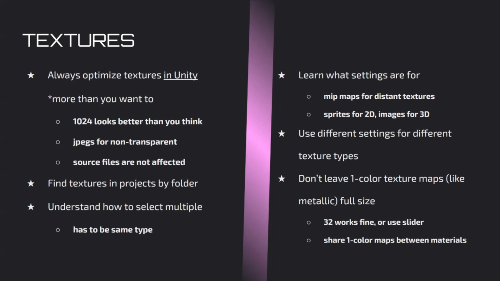You could either just completely remove it and use the slider at max or min in the material slider for the metallic map, or have a little 32 by 32 image if you really need that image in there for some reason, and share it between multiple materials. So share single color maps between materials, because they don't have specific detail to that object.